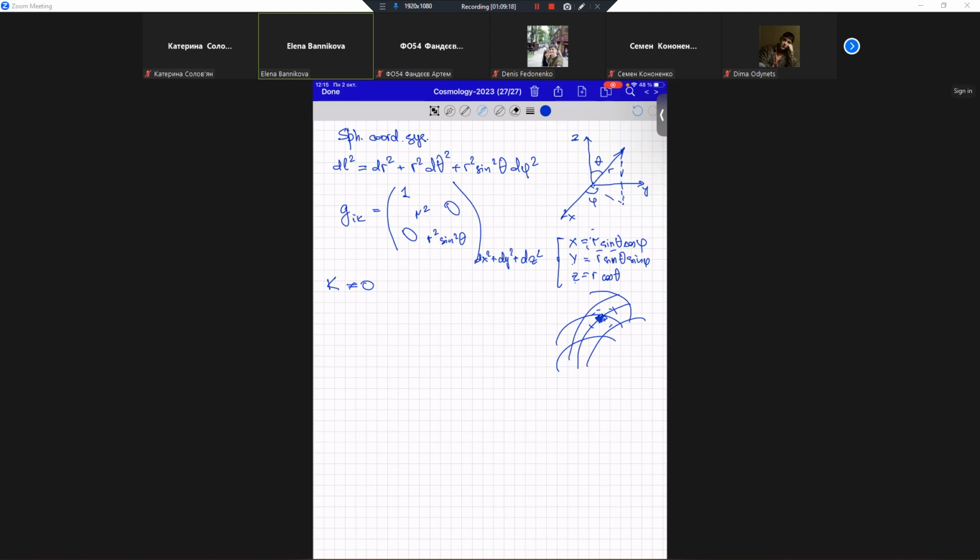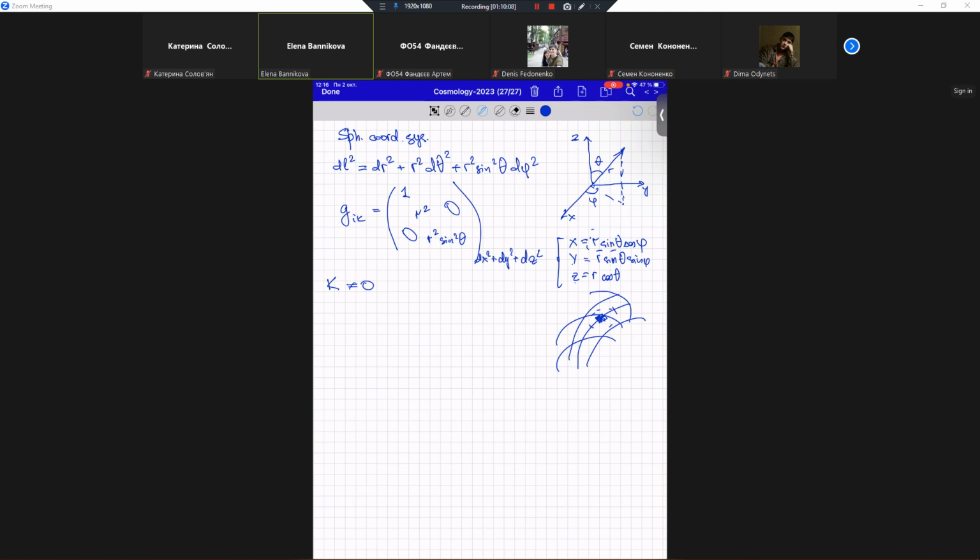If we have a curved space, operations with mathematical objects become not so unambiguous. So the operation of differentiation can also be different from the same in flat space.